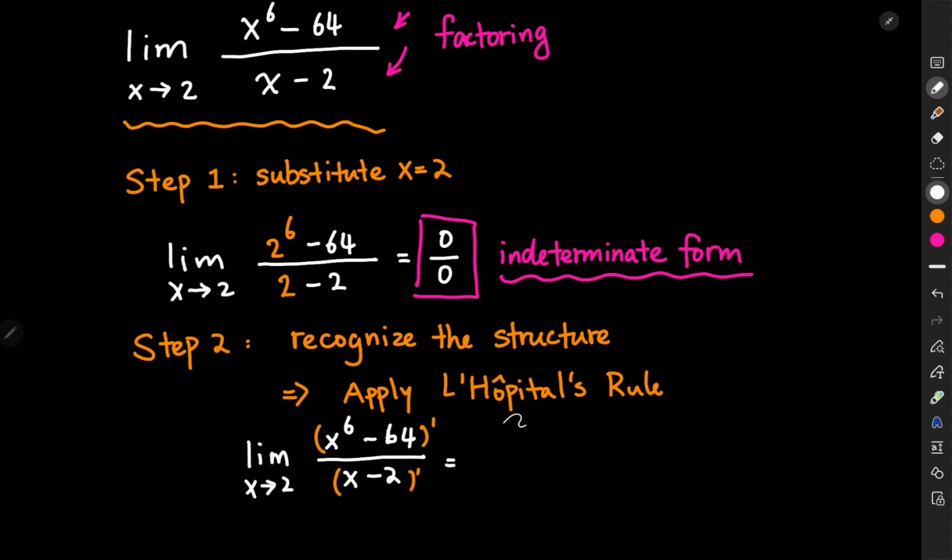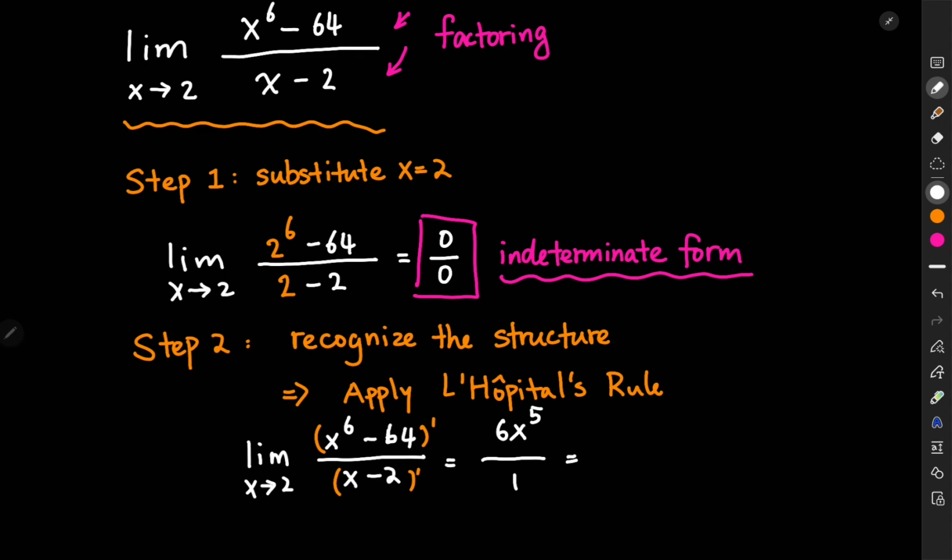Derivative of the top, we get 6x to the 5th power. Minus 64 is a constant, so we don't need to include that. And for the bottom part, the derivative of x minus 2 is equal to 1.